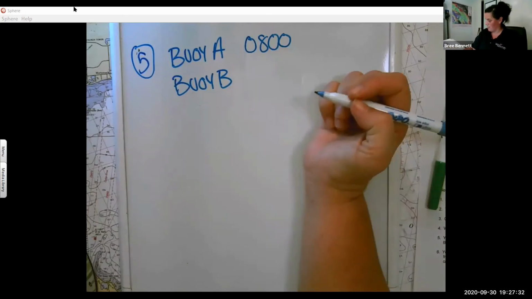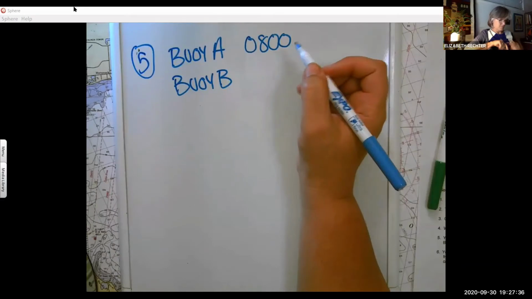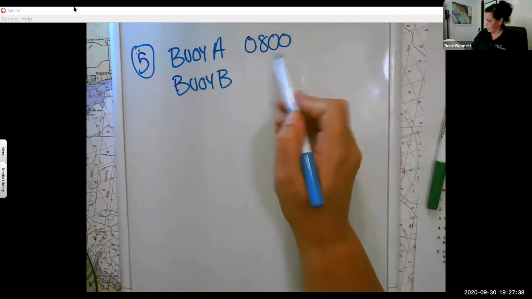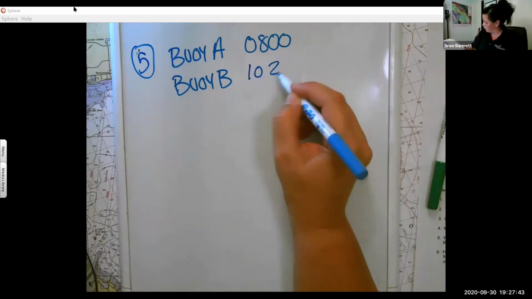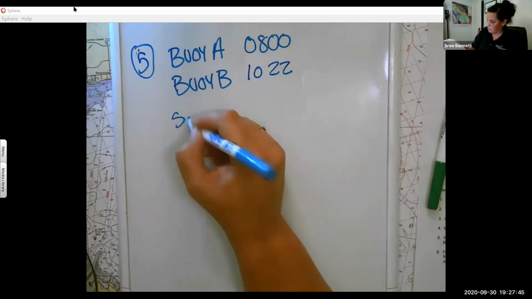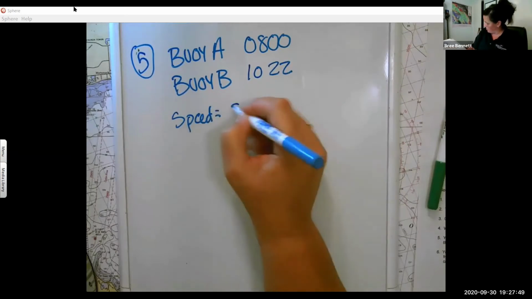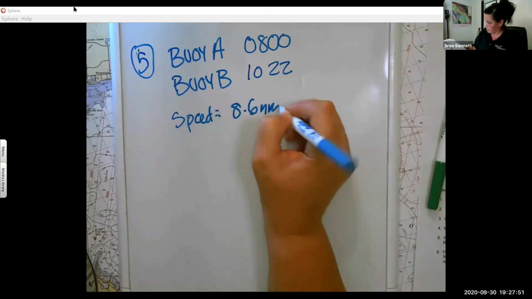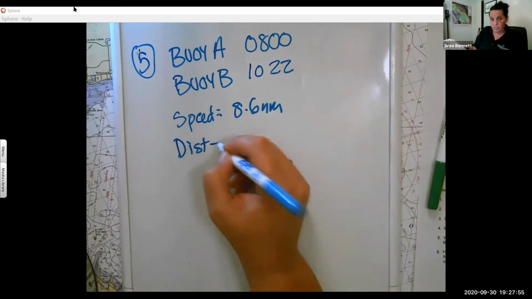Okay, so buoy A, 0800, will be at buoy B at 1022. We have a speed of 8.6 nautical miles. How far are those two buoys from each other?